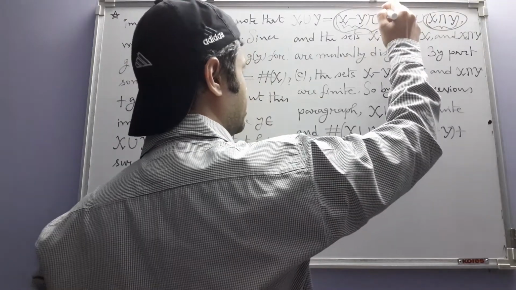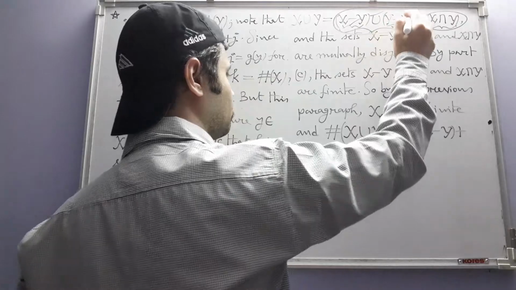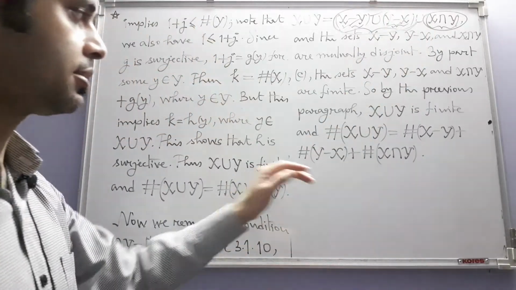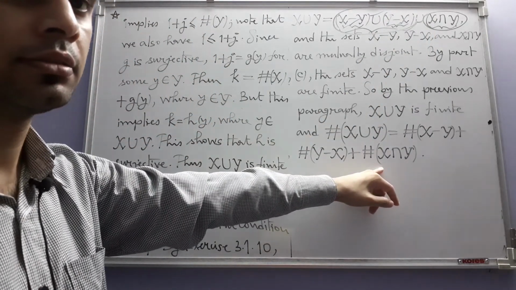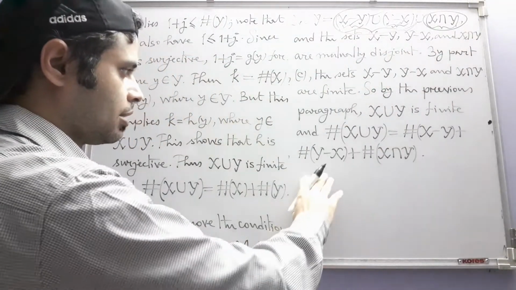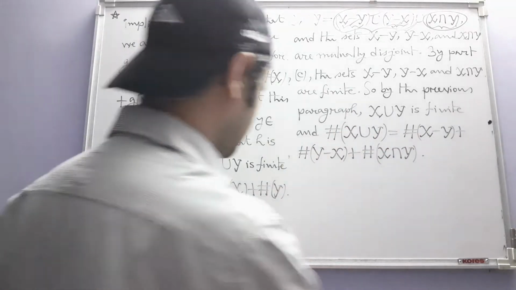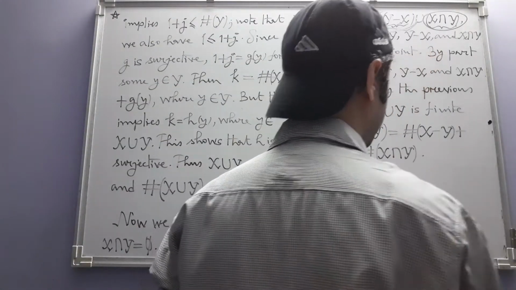The first cardinality is equal to the cardinality of x minus y plus the cardinality of y minus x. So that's how we are getting this. But still we have to write something, because we don't have x minus y and y minus x in the original assertion.